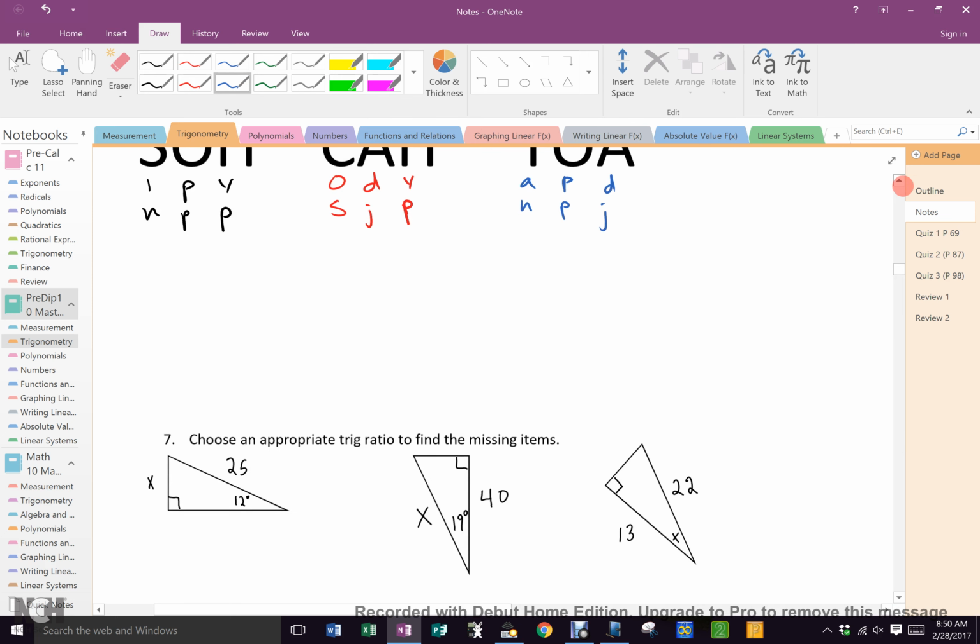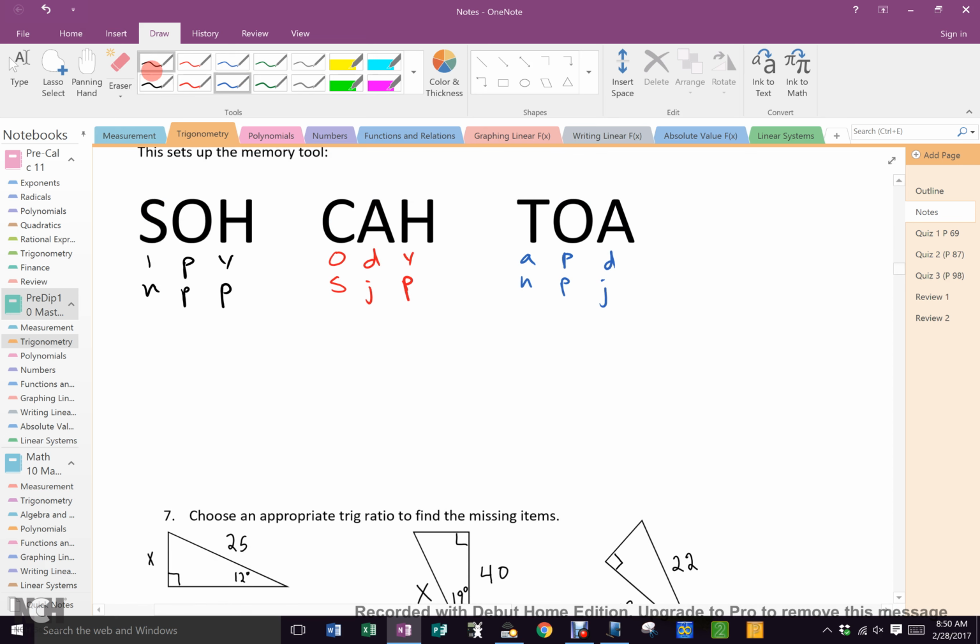Now you guys should have a nice big blank white space here in which you are going to draw what? A triangle, because you can't do trig without a triangle. And you're going to label that triangle in any way you wish. Don't you dare use a ruler to draw that triangle. Obsessive compulsive. Just draw one.